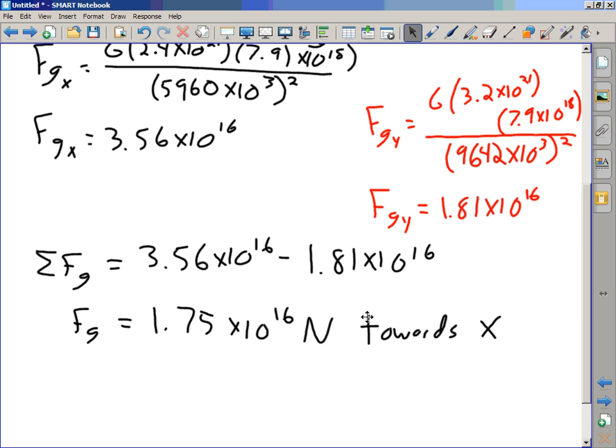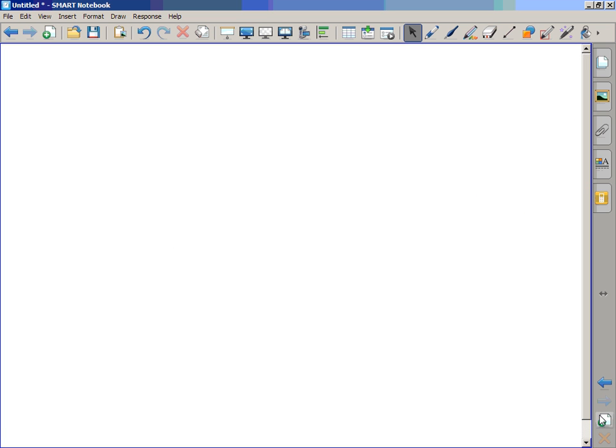Good? All right, let me set up another one. Here, I've got planet X. Let's try to keep the mass the same. What's the mass of planet X, please? 2.4 times 10 to the 21st kilograms, right?